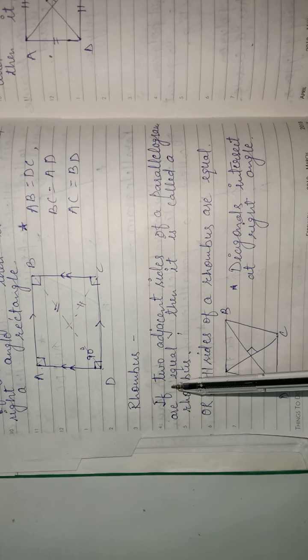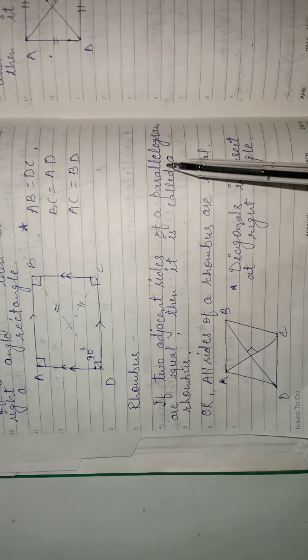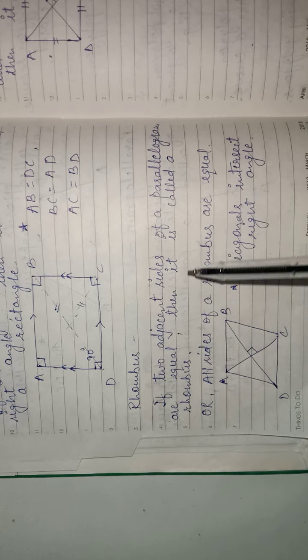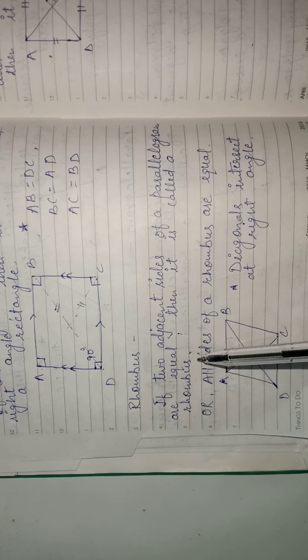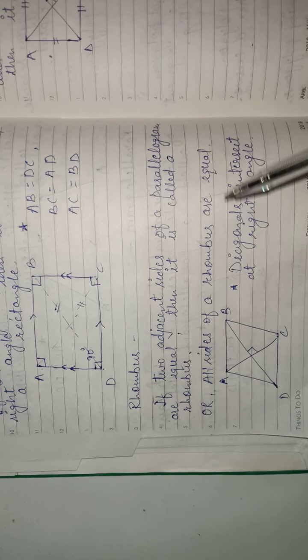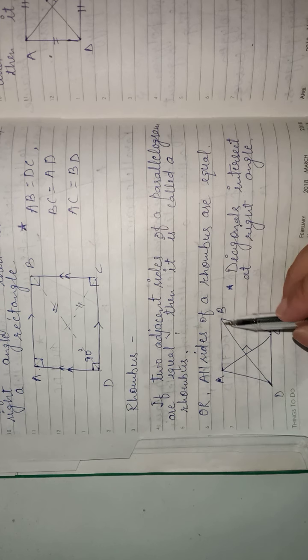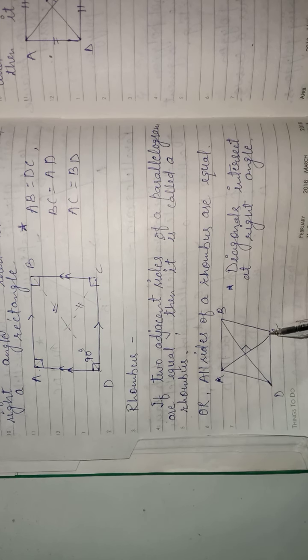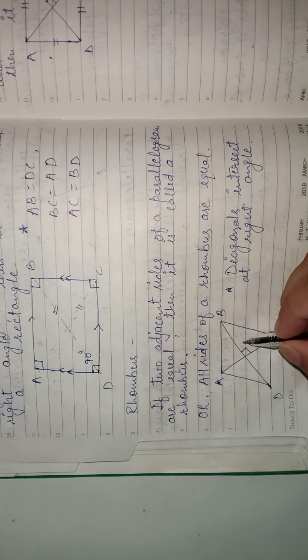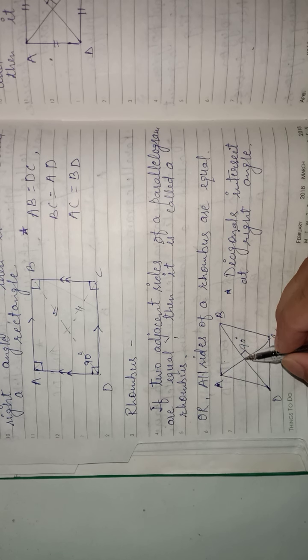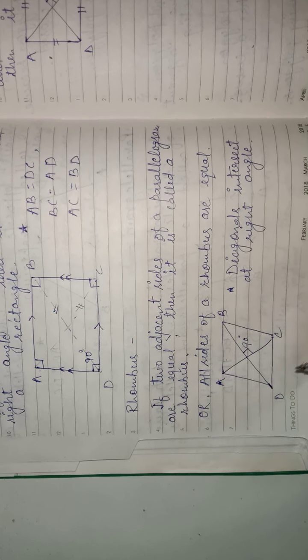Or we can say that if two adjacent sides of a parallelogram are equal, then it is called a rhombus, or all sides of a rhombus are equal. One property of the rhombus is that the diagonals intersect at right angles. That means when these diagonals intersect, we get a 90 degree angle at their intersection point.